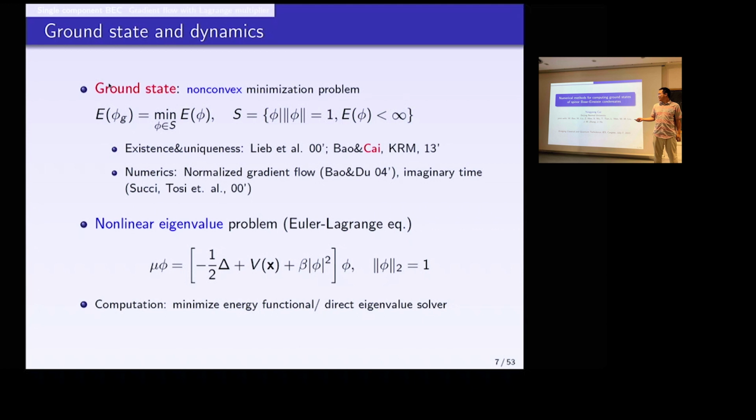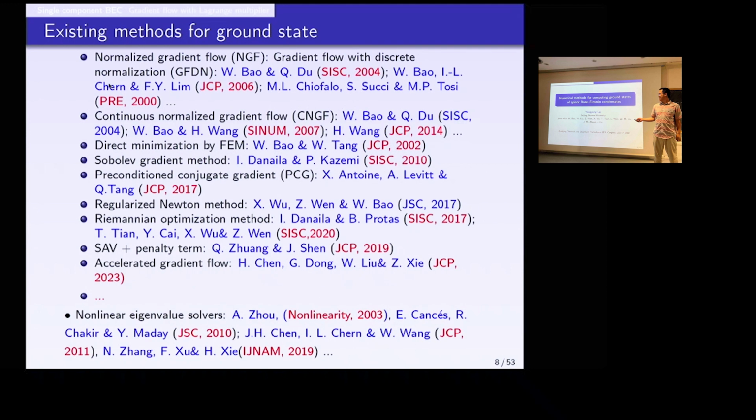One is based on this minimization approach, where you just want to minimize some energy functional. The other one is where we solve the eigenvalue problem, but you look for certain properties of the wave function or the eigenvalues.